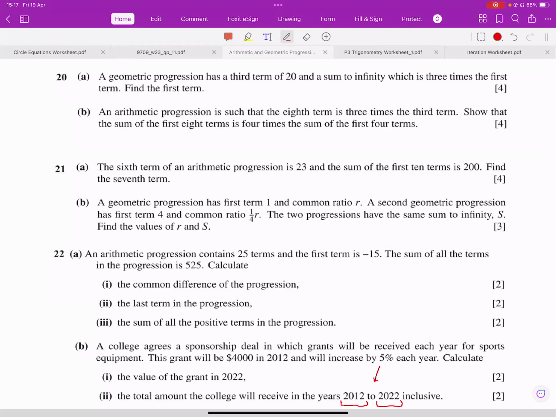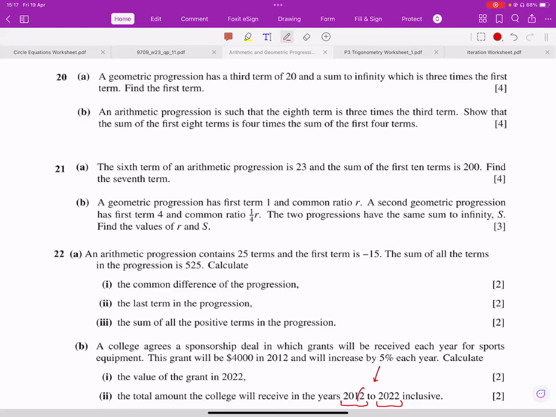From 2012 to 2022, how many terms is that? That's 11 terms, right? Do not take it as 10 terms. Don't just do 2022 minus 2012.